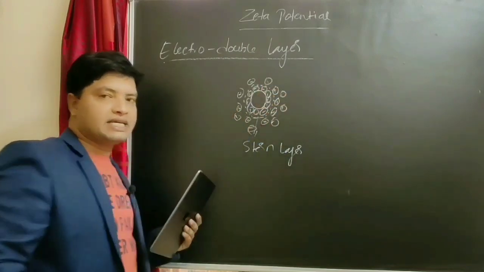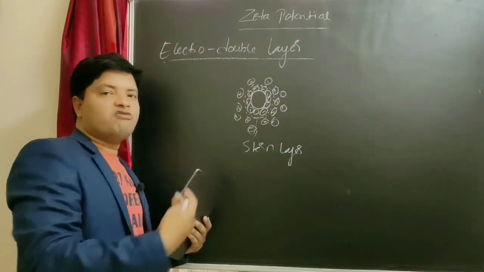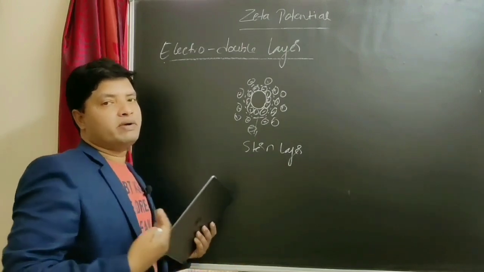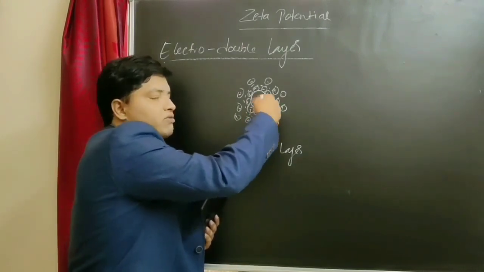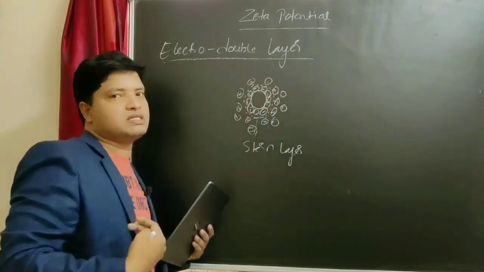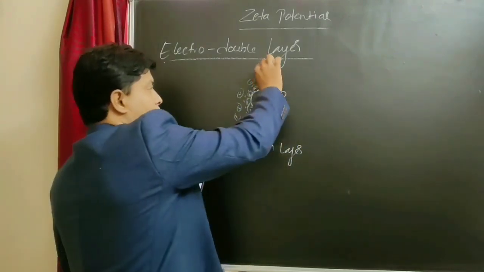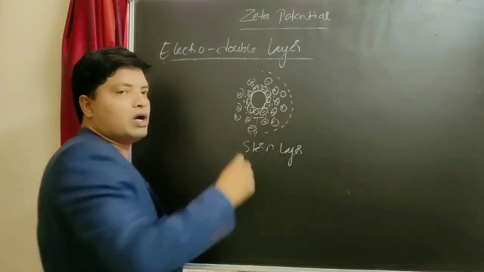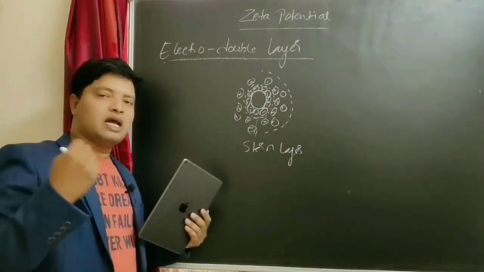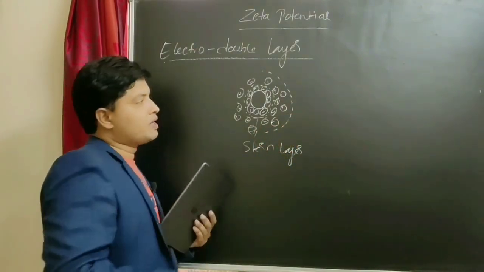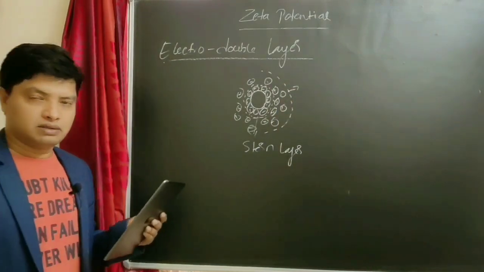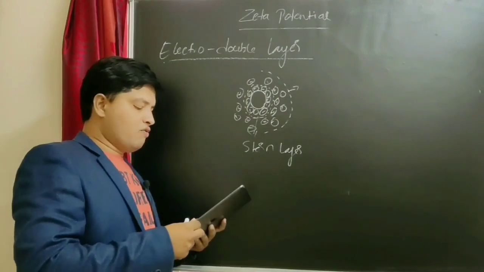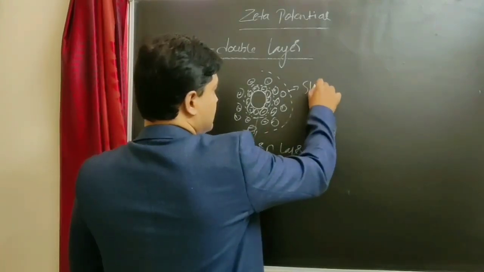In this case the count of positive ions will be more compared to negative ions. The reason is that the negative charge inside will repel the excess negative ions coming. This will also form a layer, which we call the diffusion layer. Here, ions keep on diffusing. The plane above this layer, the plane of the diffusion layer, we call the slipping plane.